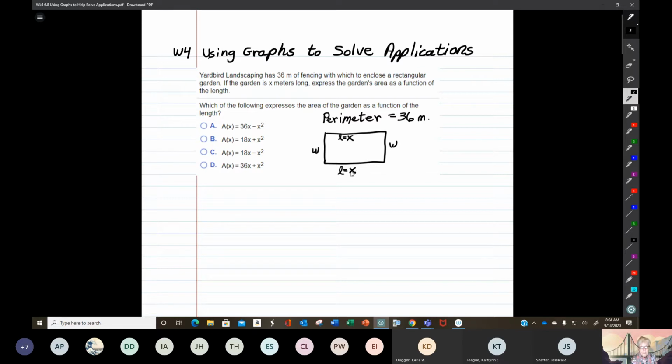Okay, that means as a function of X. So we get to talk about what a function of means. Now notice instead of f of x, they're using A of x. You're allowed, since the first letter of area is A, and we're looking for area. Doggone it, perimeter would have been perfect. But no.